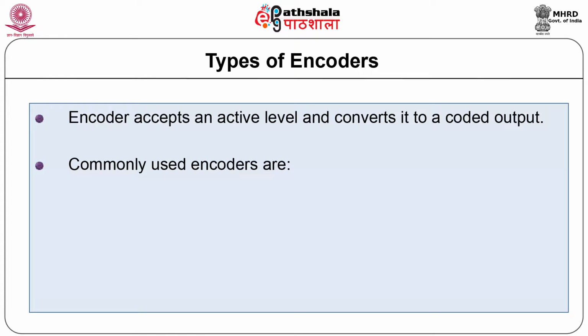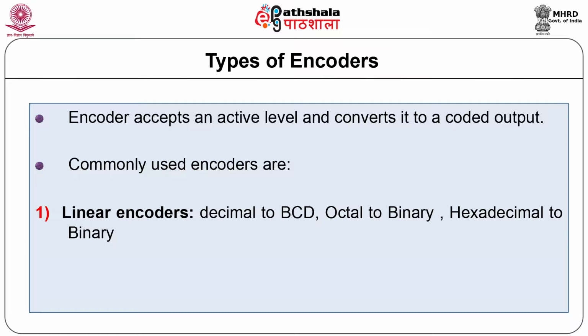Some commonly used encoders are: first, linear encoders such as decimal to BCD, octal to binary, hexadecimal to binary, where the number of inputs is less than 16 and implements normal encoding. And the second example is priority encoders.